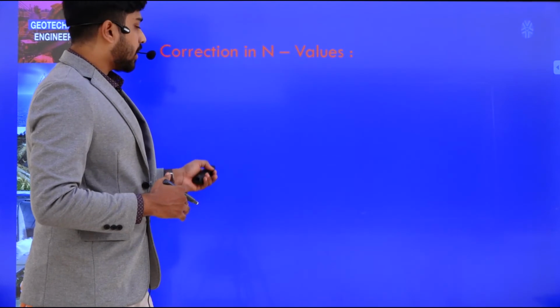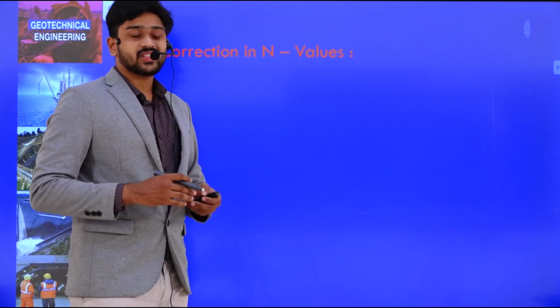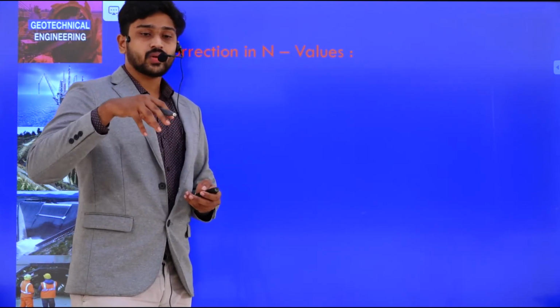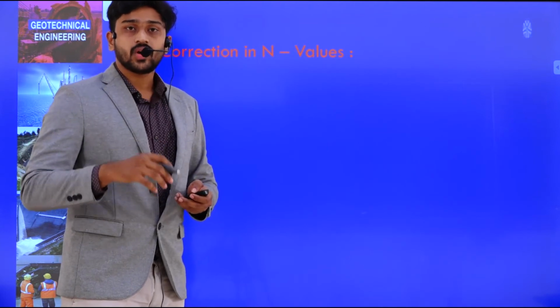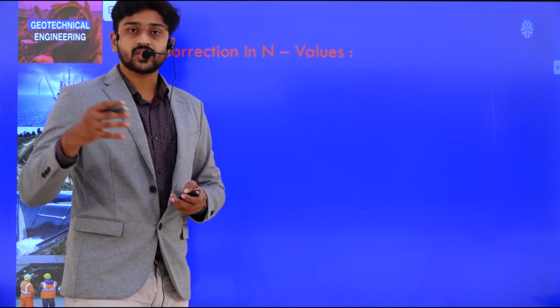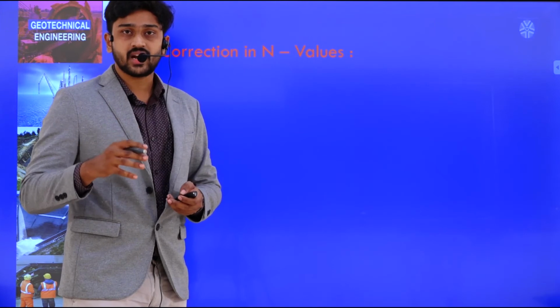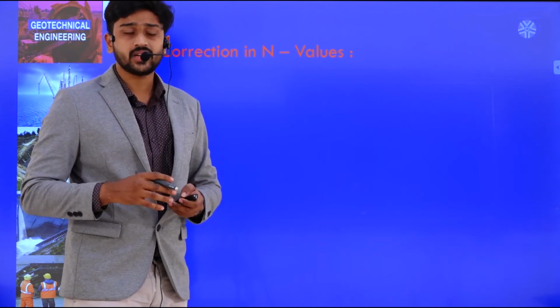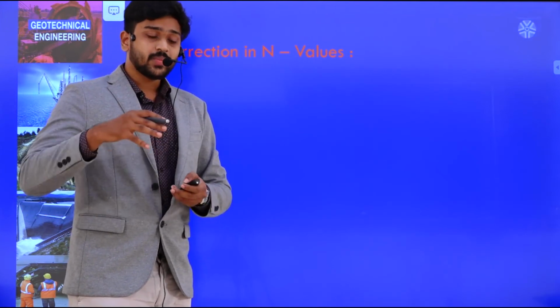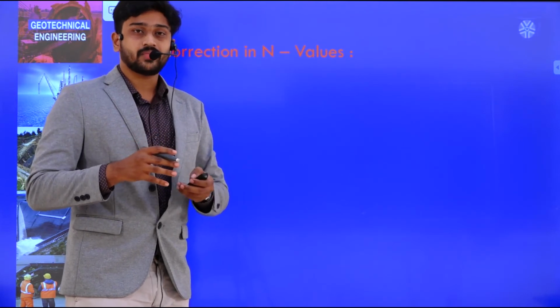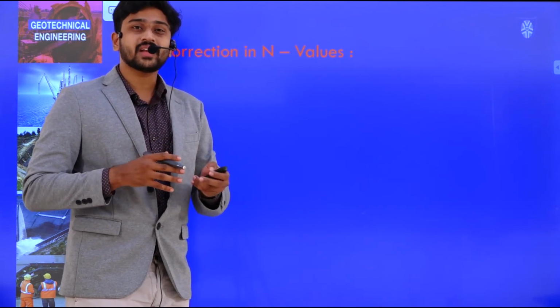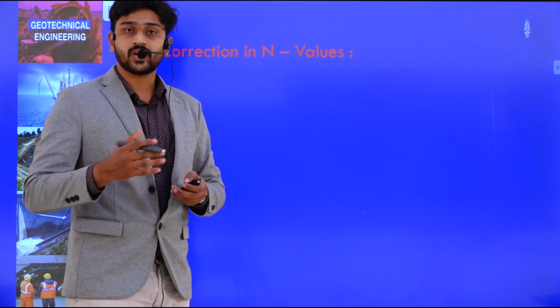Now, coming to the correction in N value, because we are applying an external load on this sampler using a hammer of 65 kg with a free fall of 75 centimeter. The soil is getting disturbed, so we may not arrive at the exact number of blows that is required.